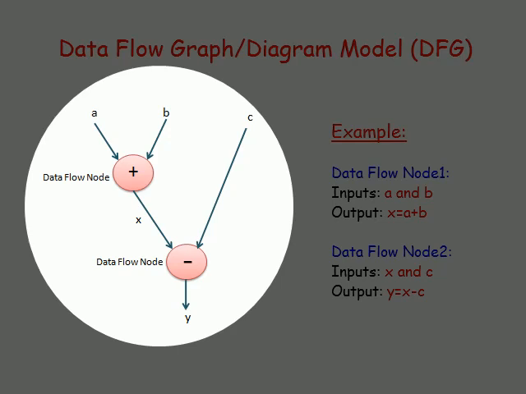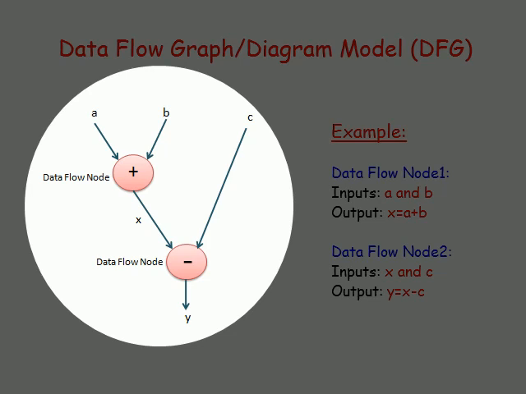For the first data flow node, A and B are the two data inputs. The first node acts as an addition operation which adds input data A and B and produces the output X. The second data flow node performs a subtraction operation, which receives X and C as the input and produces Y as the output.